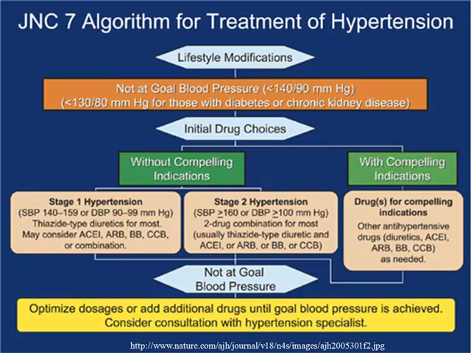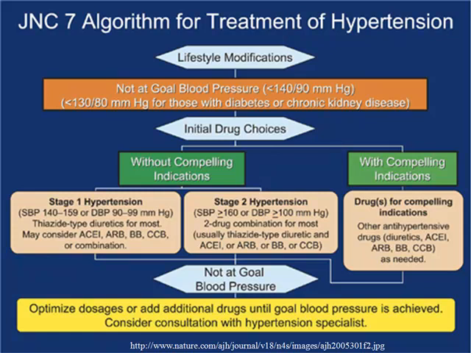This is angiotensin converting enzyme inhibitor, aldosterone receptor blocker, angiotensin receptor blocker. Oh, I never can remember which one that is. That's an aldosterone blocker, isn't it? Okay, so angiotensin receptor blocker, beta blocker, calcium channel blocker, or some combination.